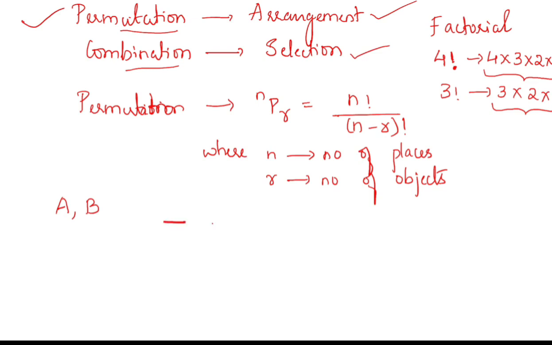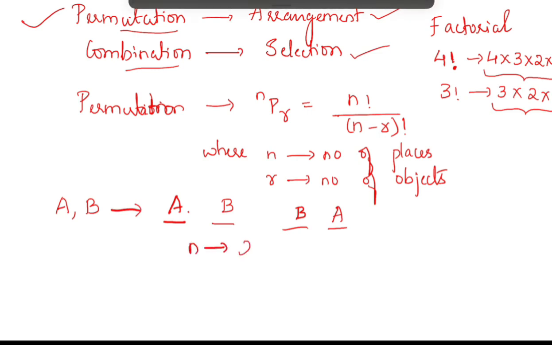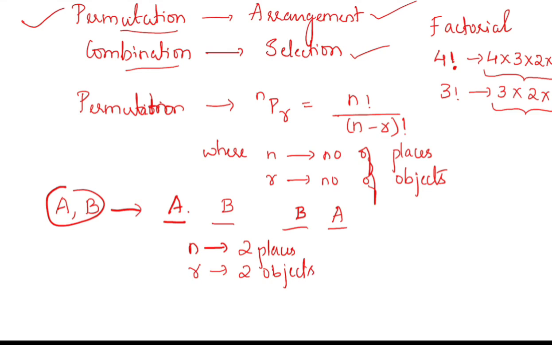We can write A first and B next, or B and A. So A and B can be arranged as AB or BA, where n is those 2 places and r is the number of objects, which is 2.